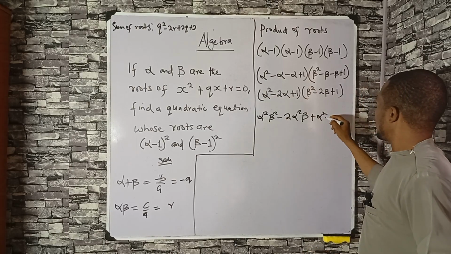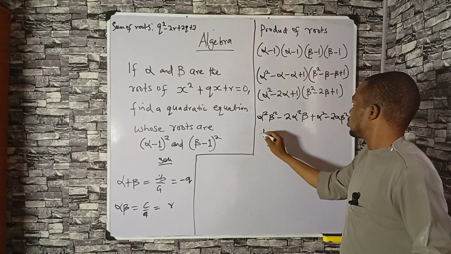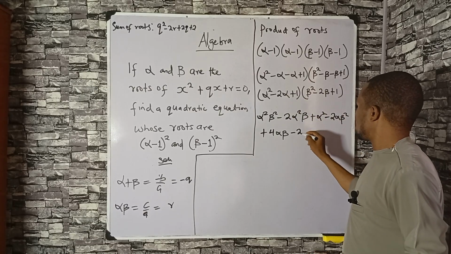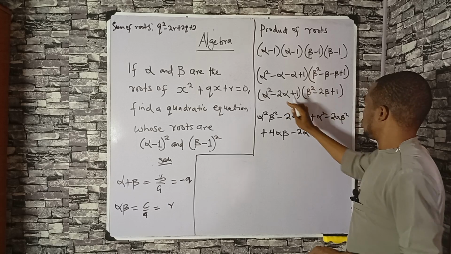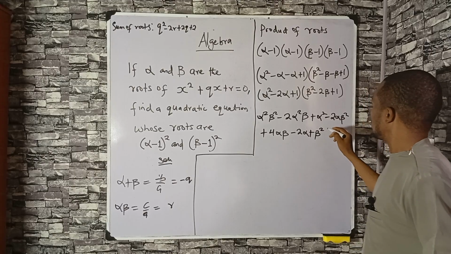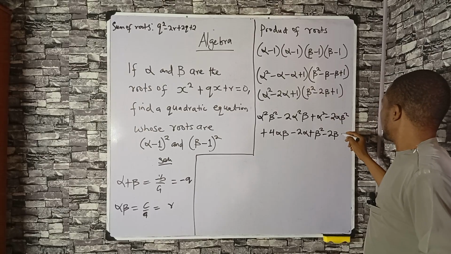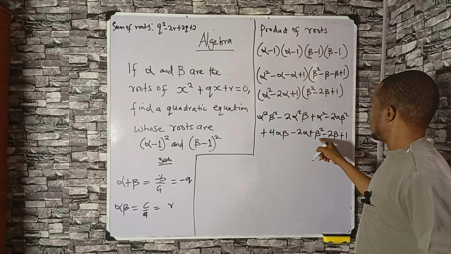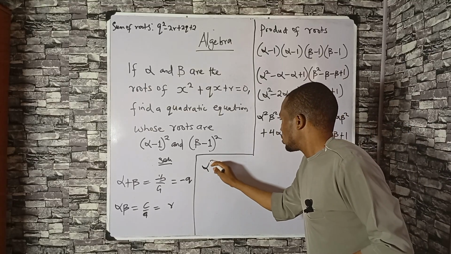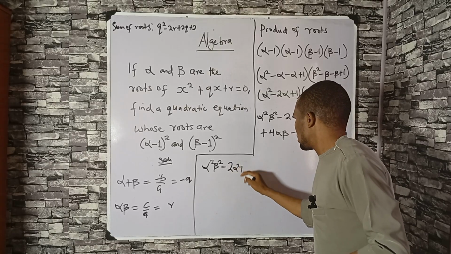The next one, minus 2 alpha beta squared, plus 4 alpha beta, minus 2 alpha, then you use 1 to multiply beta squared, minus 2 beta, then plus 1. Let's check again. Alpha squared beta squared, minus 2 alpha squared beta.